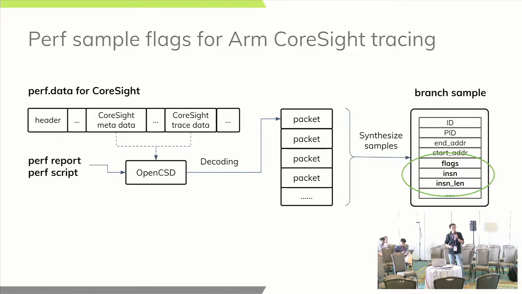Here there are several fields, for example, the flags, instruction, or instruction length. Before this, we didn't fill anything into these fields. If we set the values here, it gives Perf more valuable information to parse, for example, for branch or instruction samples.